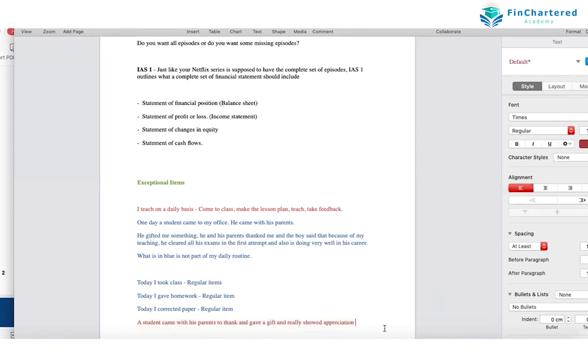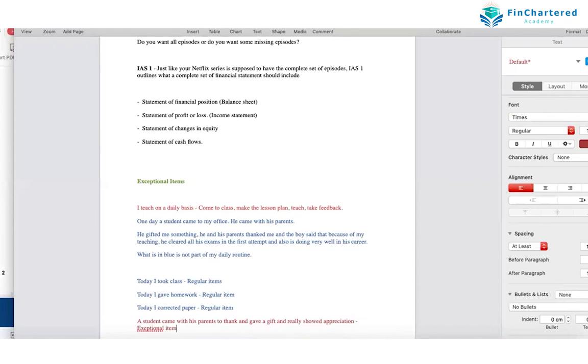And this is an exceptional item. So with this example, I'm sure you have understood what an exceptional item is. The exceptional item is in blue and whatever is the regular thing is in red.